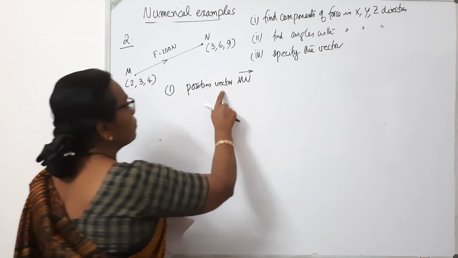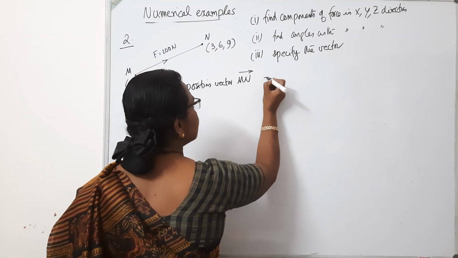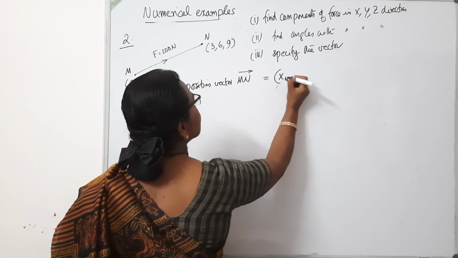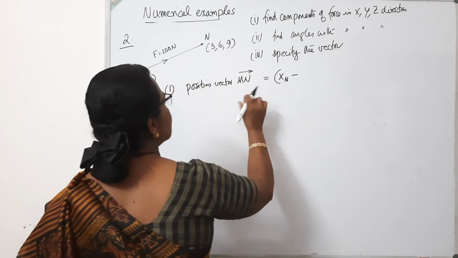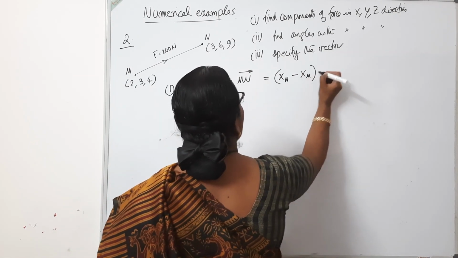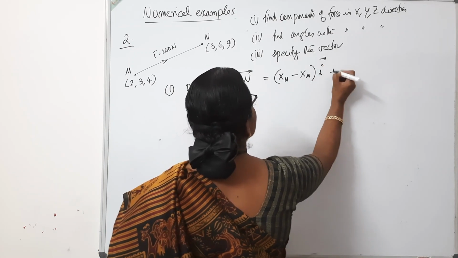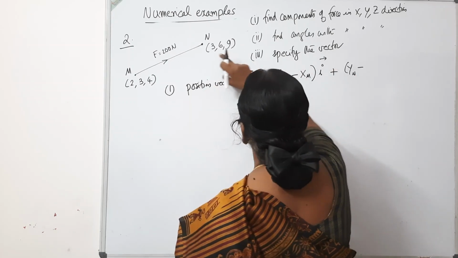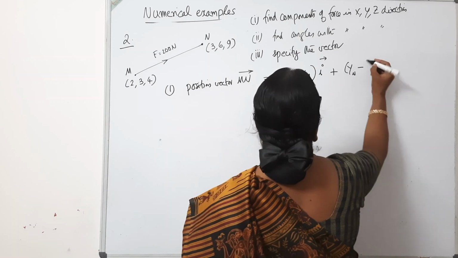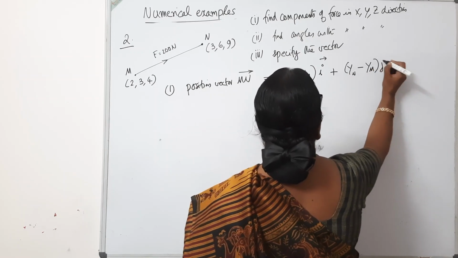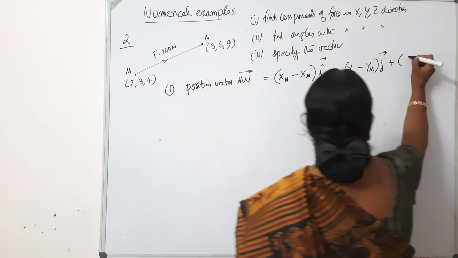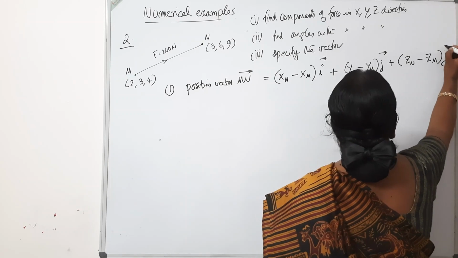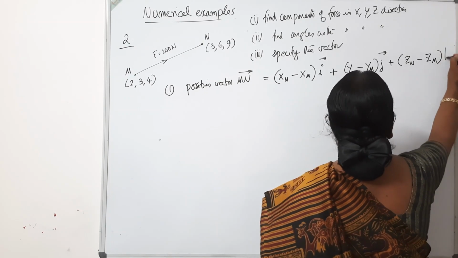So position vector MN, the second letter, has to be written as xn minus xm i plus yn minus ym, that is x2 minus x1, y2 minus y1. This is the second point, this is the first point. So y2 minus y1 j plus zn minus zm k.